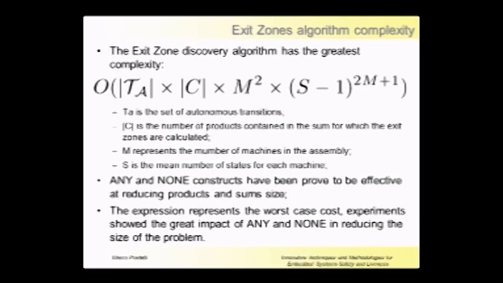So in one step I can calculate the negation of a state proposition, which is otherwise not easy. I performed some experiments that showed the great impact of any, in particular any and none, in reducing the size of the problem. So this is the very worst case cost of the algorithm.